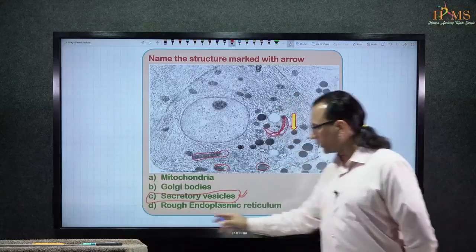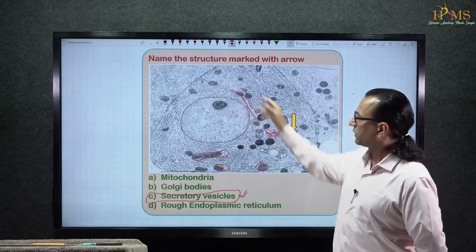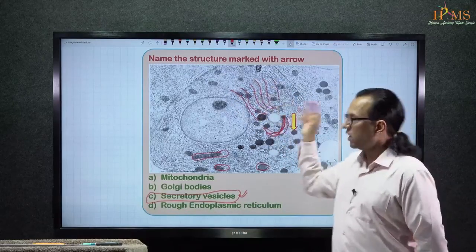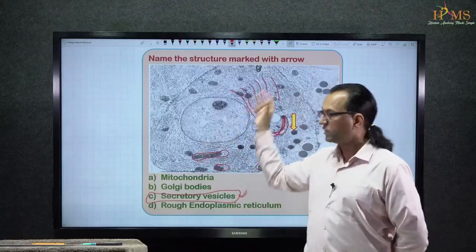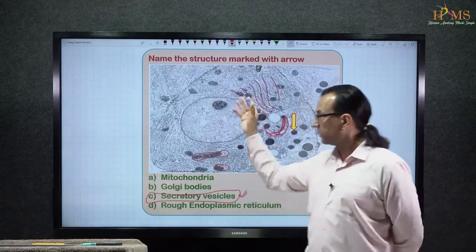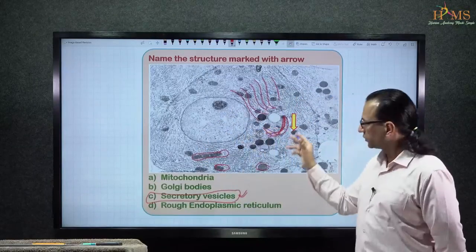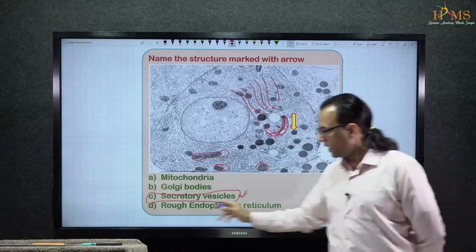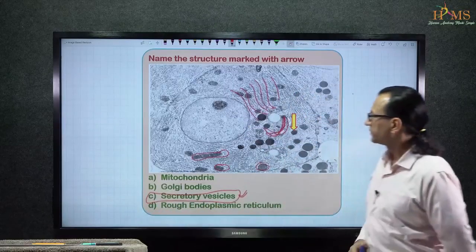And when it comes to rough endoplasmic reticulum, you can see this is all rough endoplasmic reticulum, which is laden with the ribosomes and concerned with the production of the secretion, which will then be packaged by the Golgi bodies into secretory vesicles. So our answer should remain choice number C here.